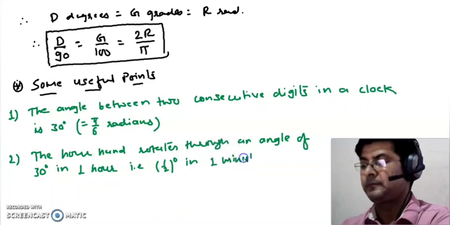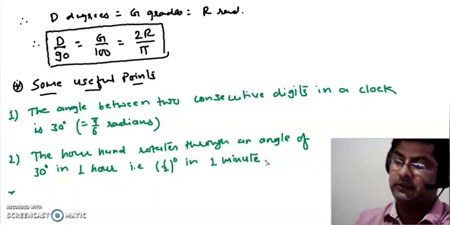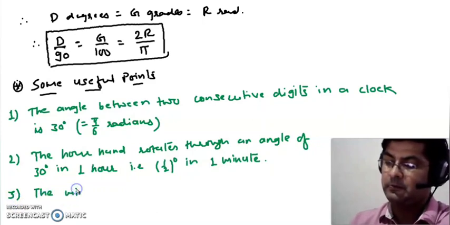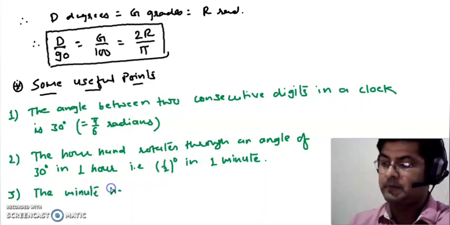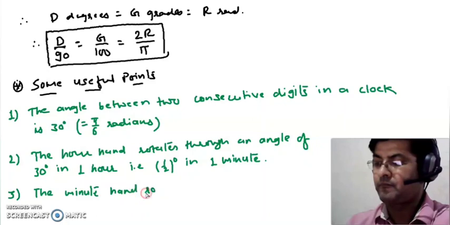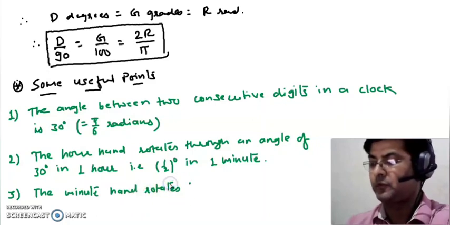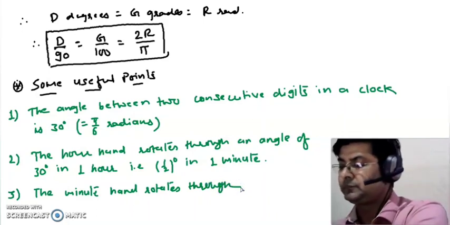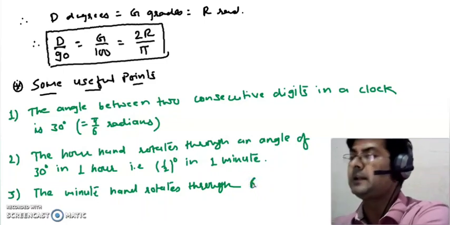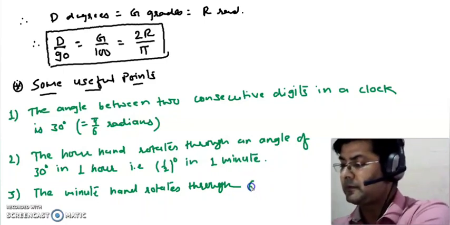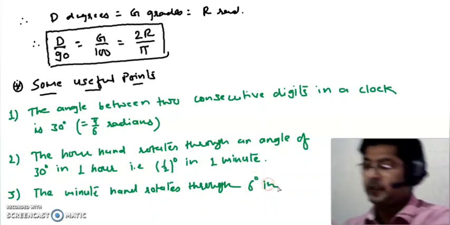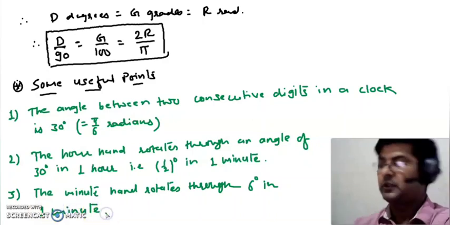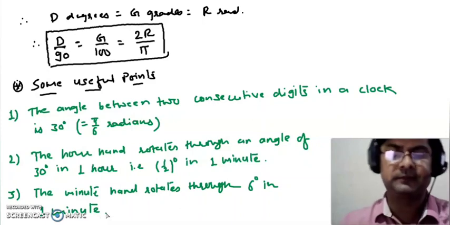Remember. Okay. And number 3, the minute hand rotates through 6 degrees in 1 minute.